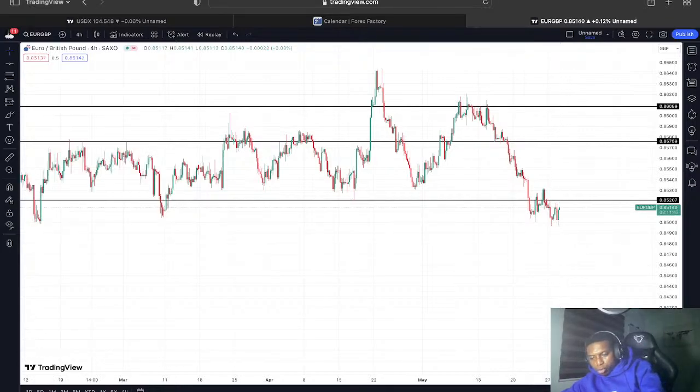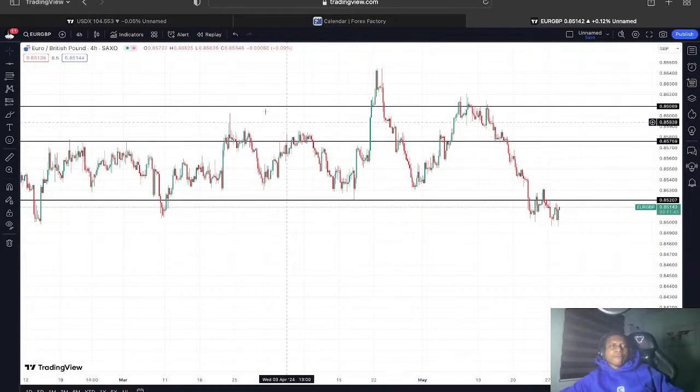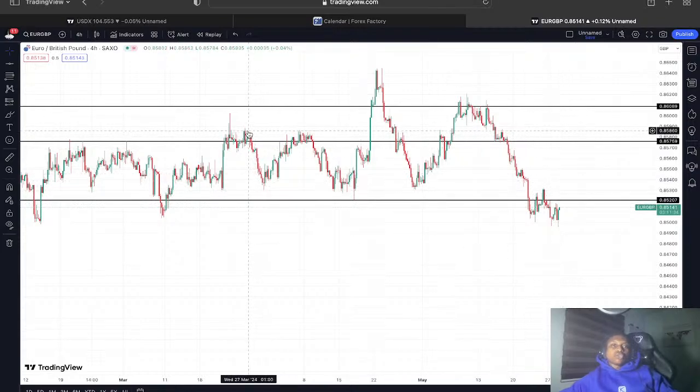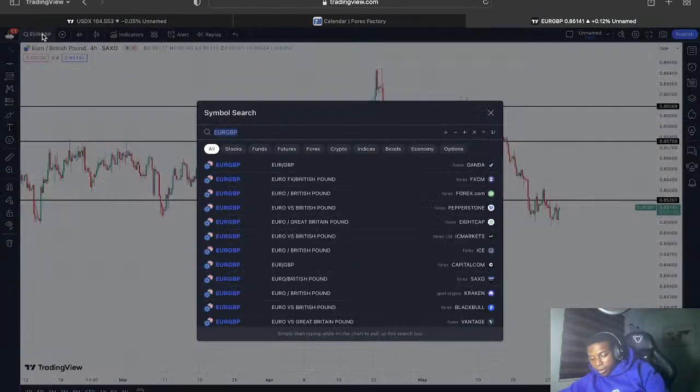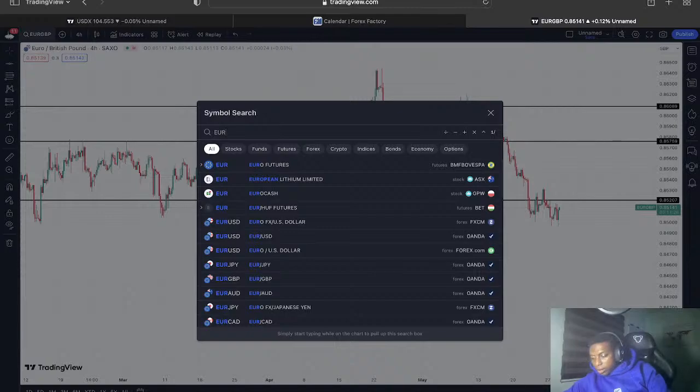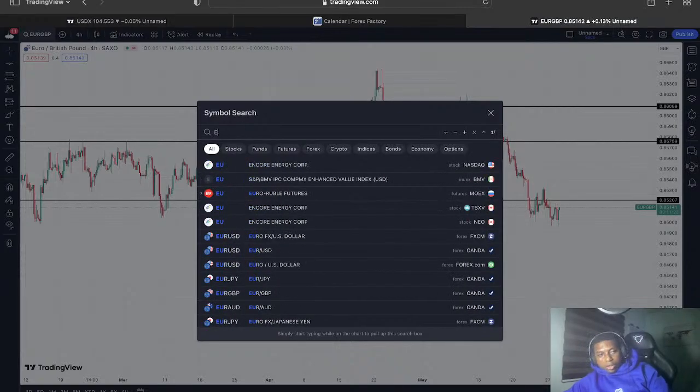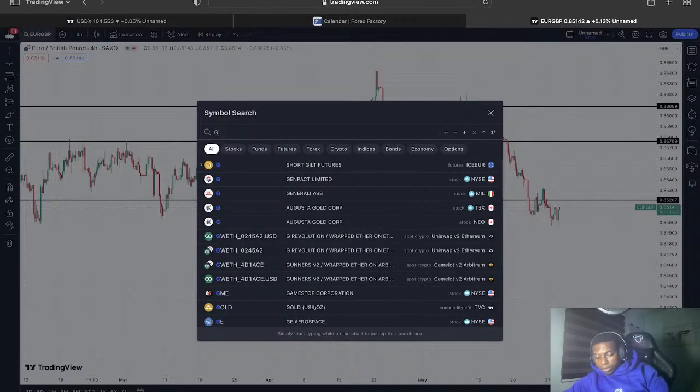The question says, do you use any small TF confirmation for entry? Yeah, of course. You can decide to use support and resistance zones to know your entry.